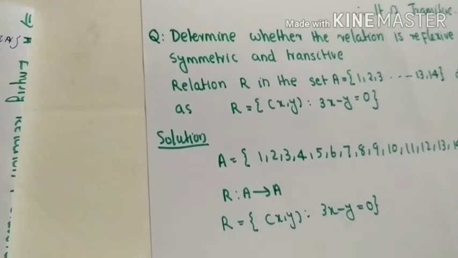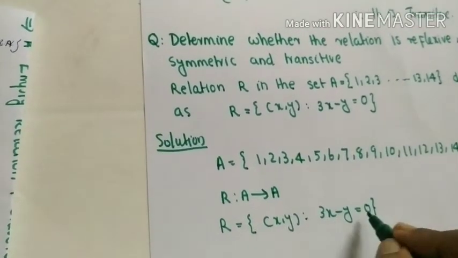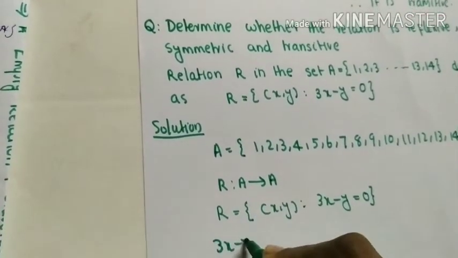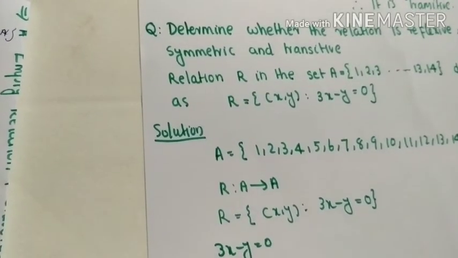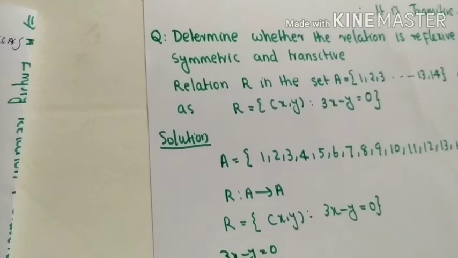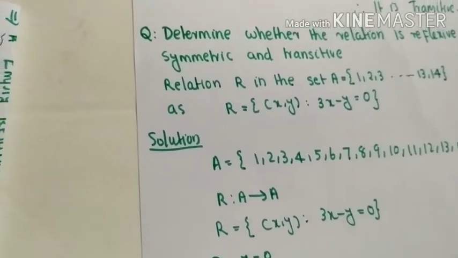From the given relation we can write 3x minus y equal to 0, or y equal to 3x. That means the second coordinate is 3 times the first.